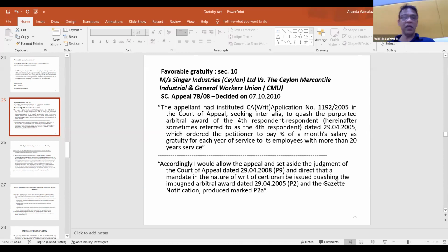Against the decision of the arbitrator, the company went to the Court of Appeal by way of writ application. The Court of Appeal also affirmed the decision of the arbitrator.